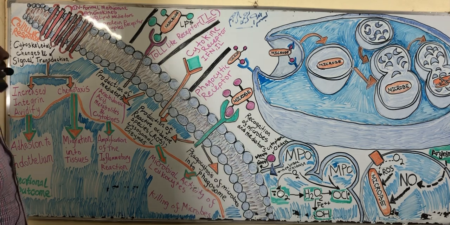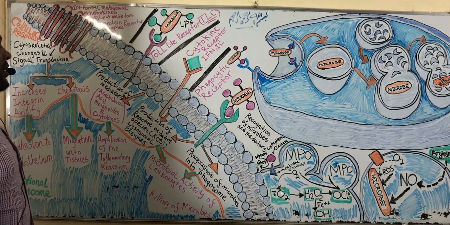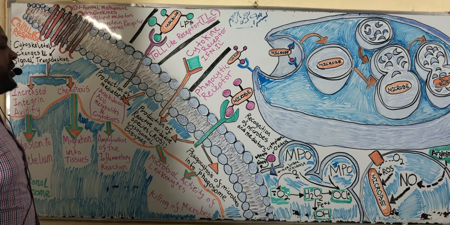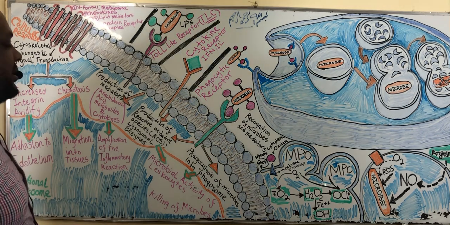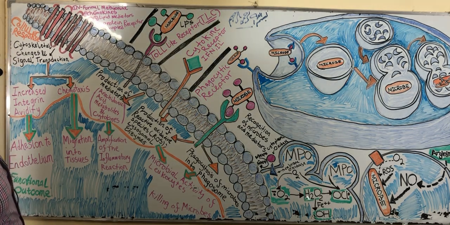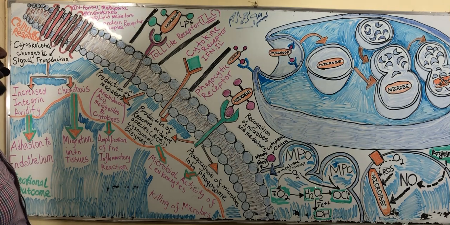Then we can convert this superoxide into peroxide by dismutation.